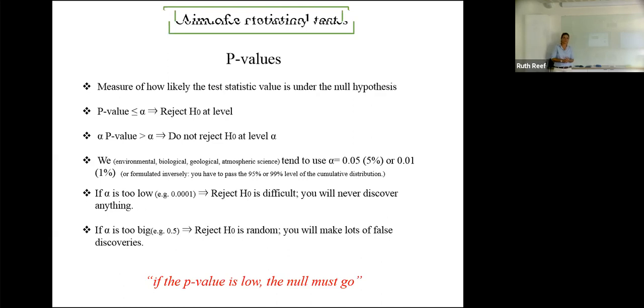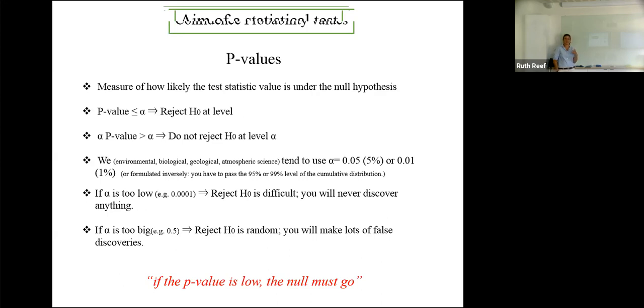So the p-value is the probability of our test statistic to be larger than a certain value. Okay, so this is how we would measure this. This is getting a bit complicated to explain because we haven't done this yet, but I want you to remember the p-value.